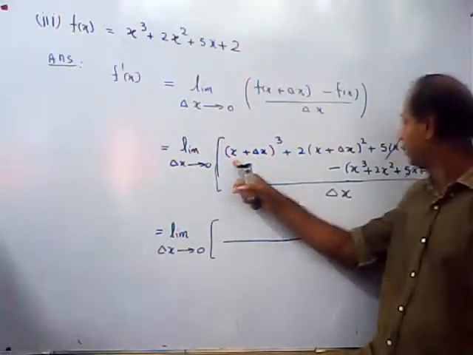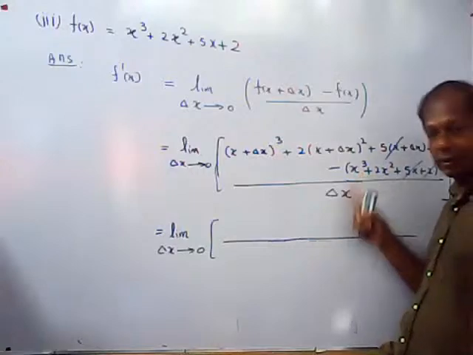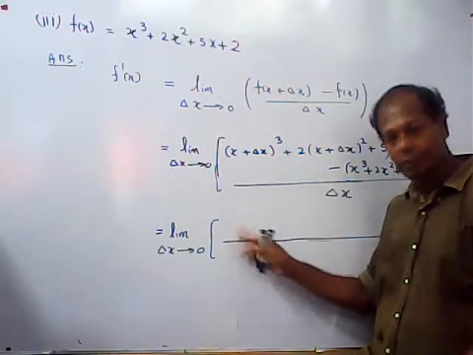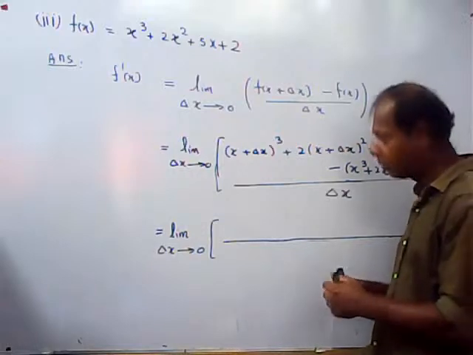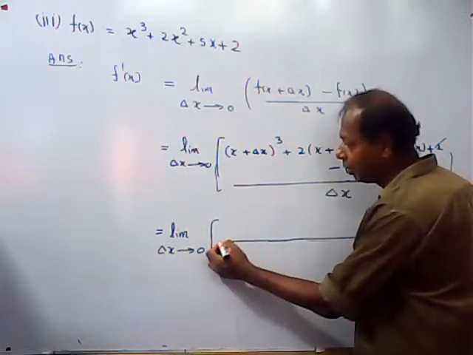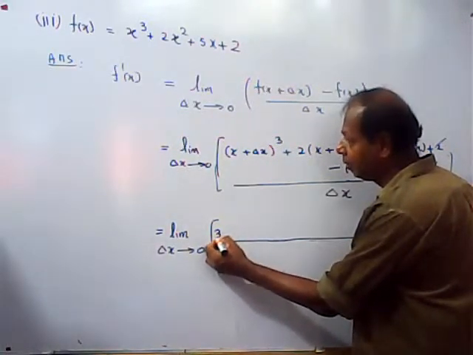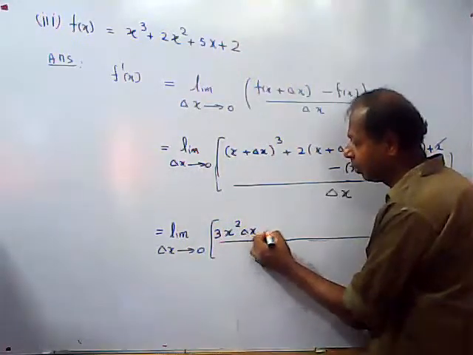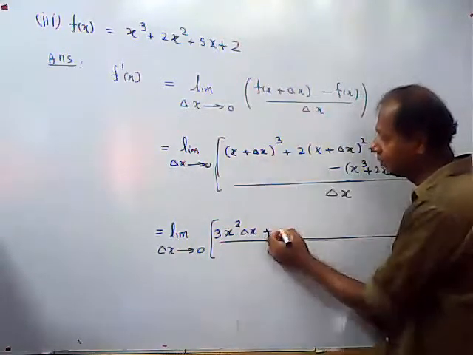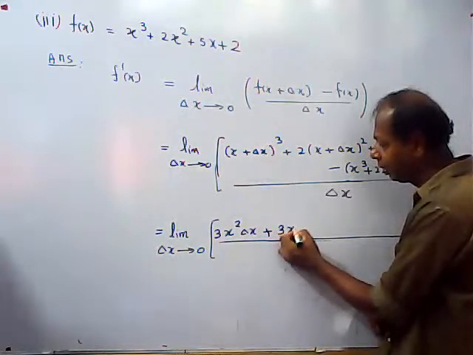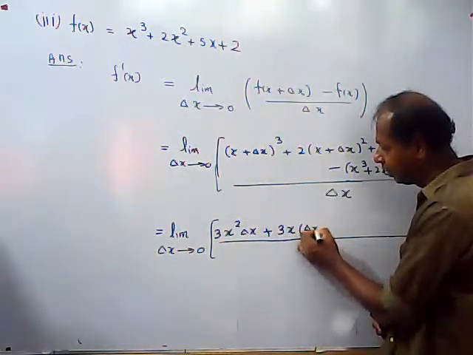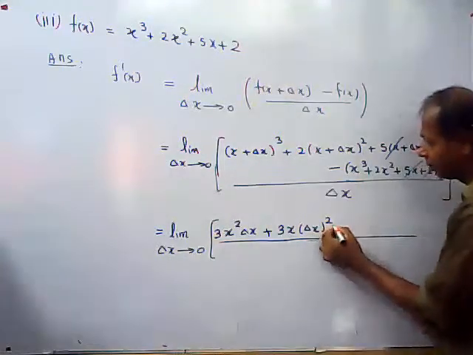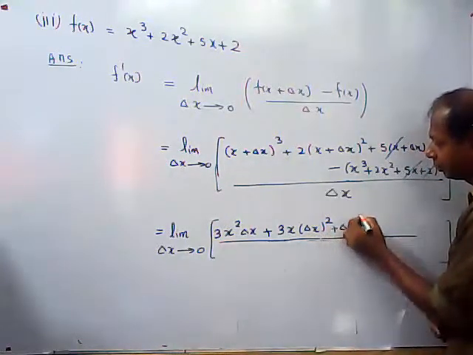So the other three terms of this expansion will remain. The other three terms are 3x squared delta x plus the next 3x delta x squared, and the last term plus delta x cubed.